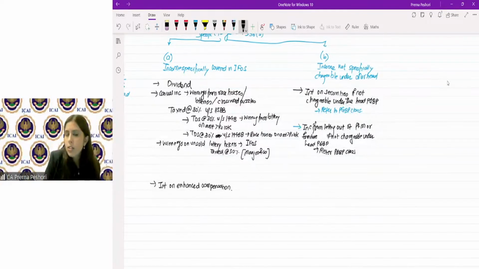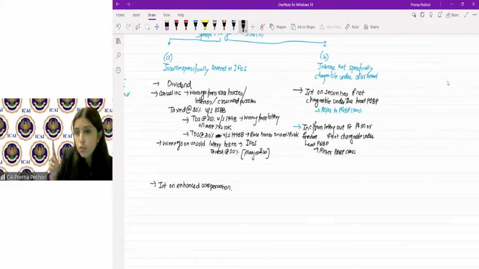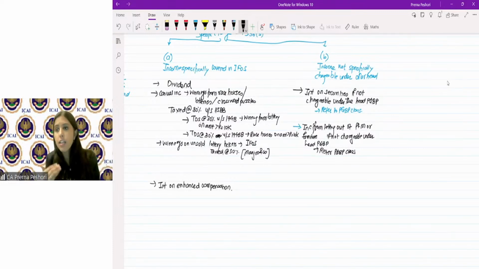This also we discussed. Interest on enhanced compensation is taxable under income from other sources. The compensation which is there on the compulsory acquisition of land, if there is delay, there is interest provided. So interest on enhanced compensation is taxable under the head income from other sources.